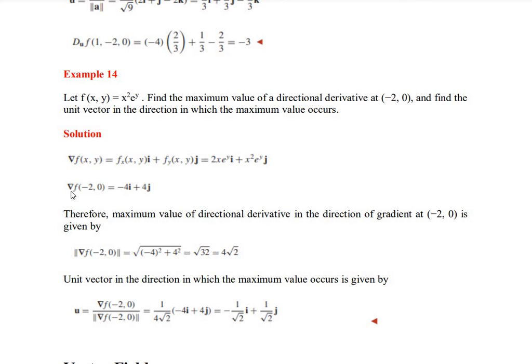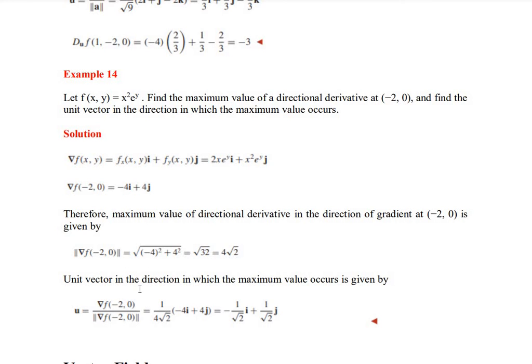The gradient of f at (-2, 0) is -4 i cap + 4 j cap. Therefore, the maximum value of the directional derivative, in the direction of the gradient at (-2, 0), is the norm of this, which is 4 root 2.